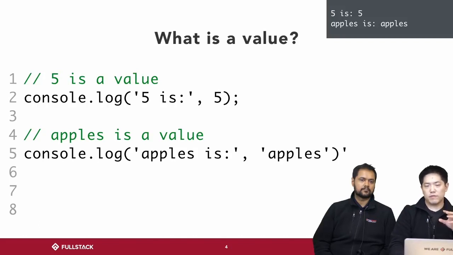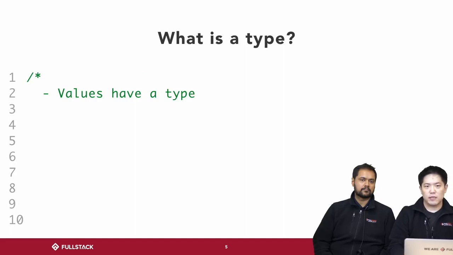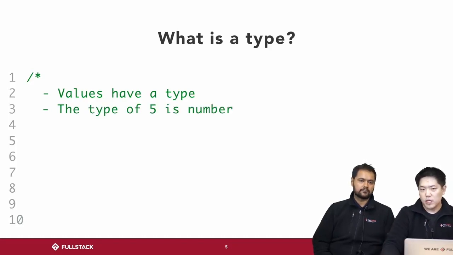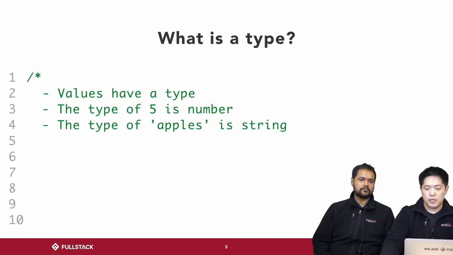Now, values have a certain set of properties about data, but one thing they have is something called a type, right? A type describes the intrinsic and extrinsic properties of a value that are shared across all values of that type. So, for example, the type of 5 is a number, and the type of apples is a string.